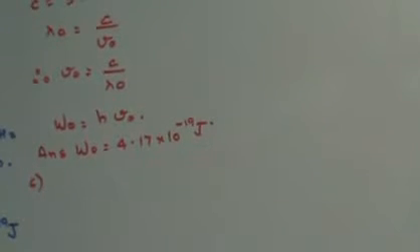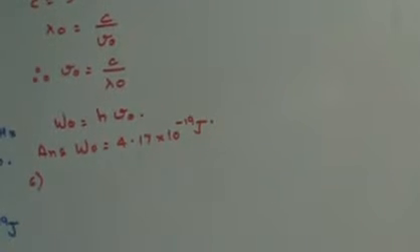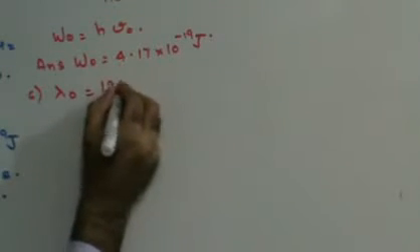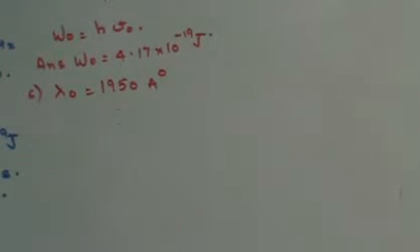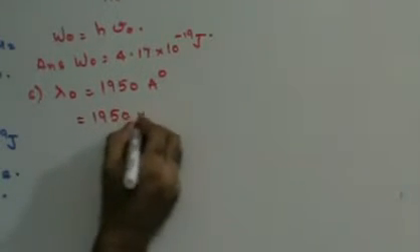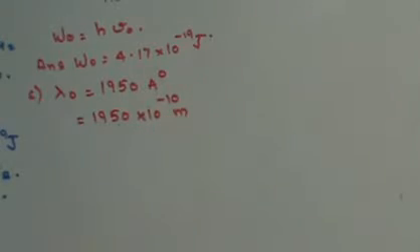The longest wavelength of a photoelectron is 1950 Armstrong units, which is nothing but 1950 into 10 raised to minus 10 meters.